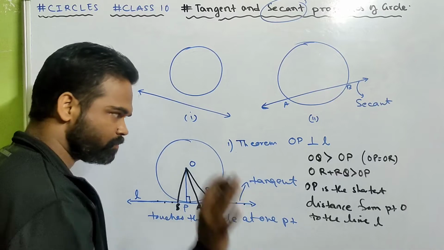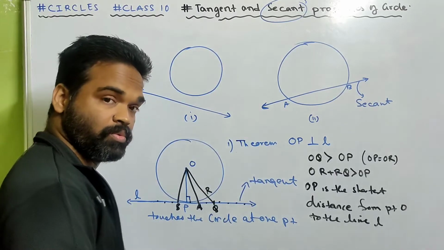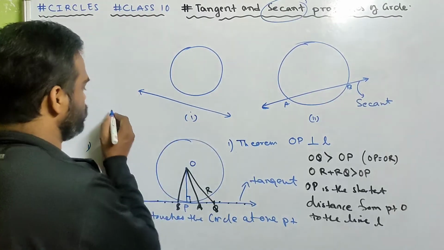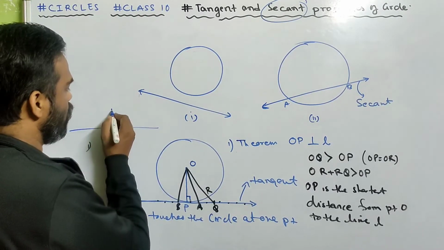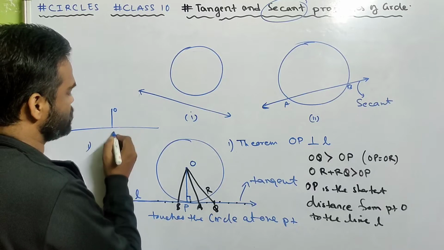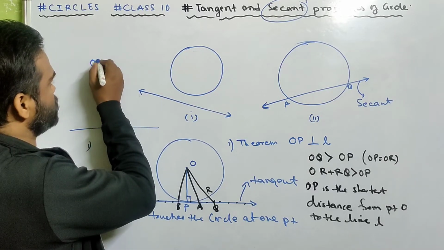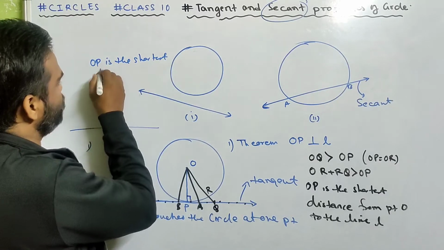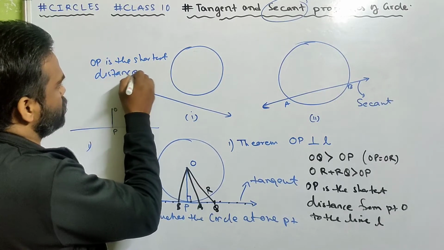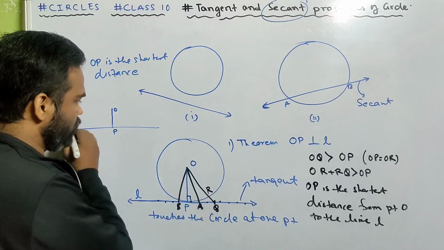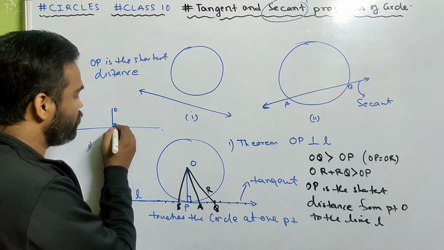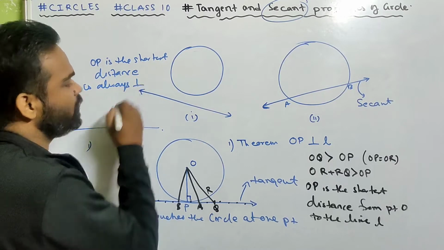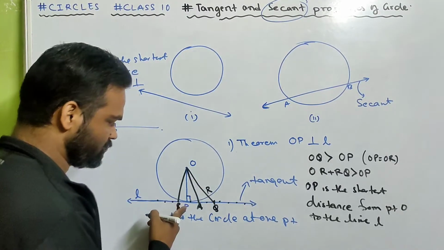Yes or no? And we already know that the shortest distance from a point to a line is always perpendicular, which means we can apply over here.